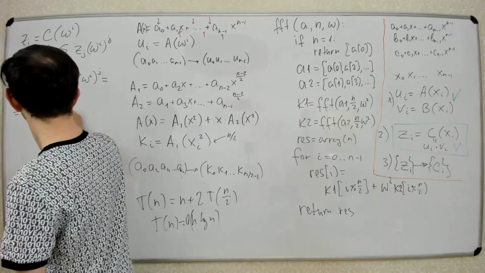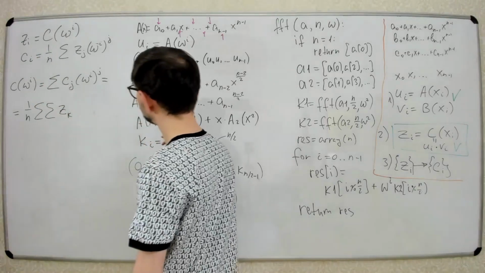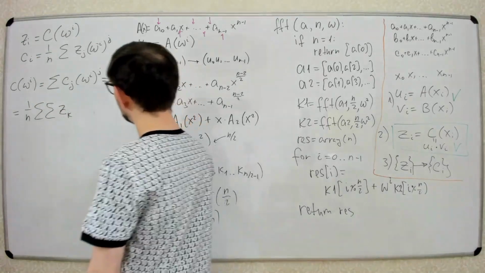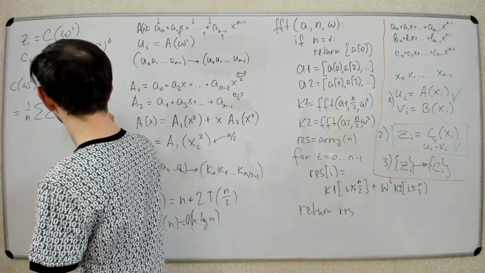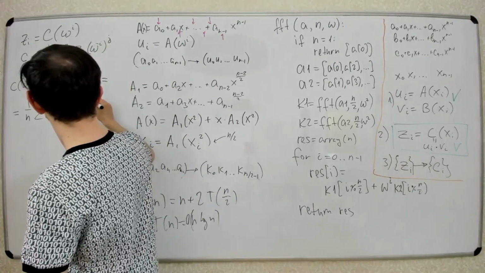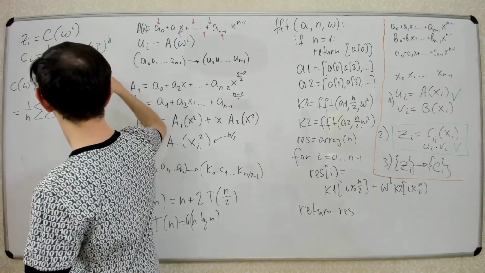So it will be z_k multiplied by w power minus jk. It's j, not i.